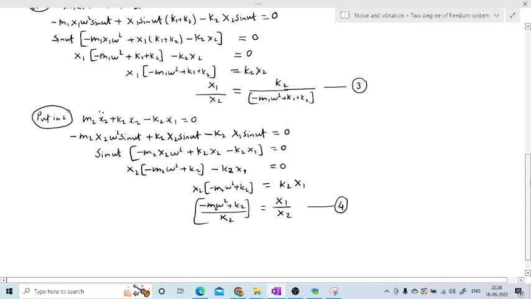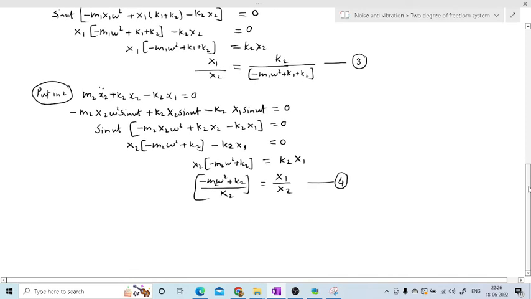Now from 3 and 4, what can we write? From equation 3 and 4, we can write, this 3 and 4 is same.